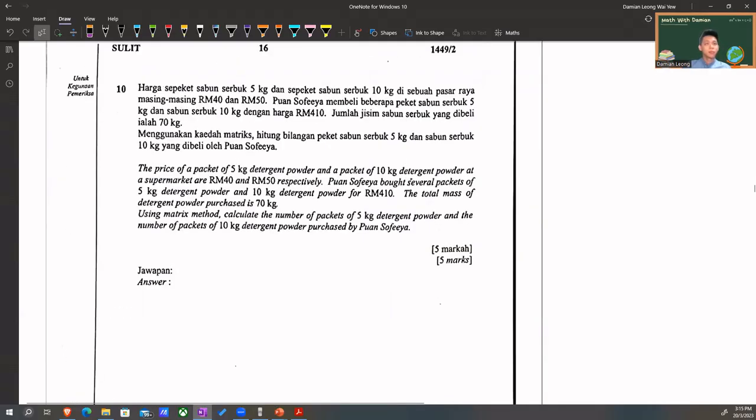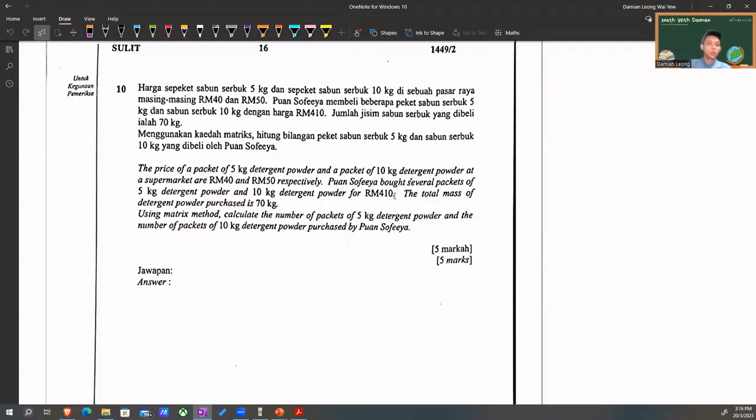Then in question 10. Price of a packet of 5 kg detergent powder and 10 kg of detergent powder at the supermarket are 40 ringgit and 50 ringgit respectively. One Sophia bought several packets of 5 kg detergent powder and 10 kg detergent powder for 410 ringgit. Total mass of detergent powder purchased 70 kg.